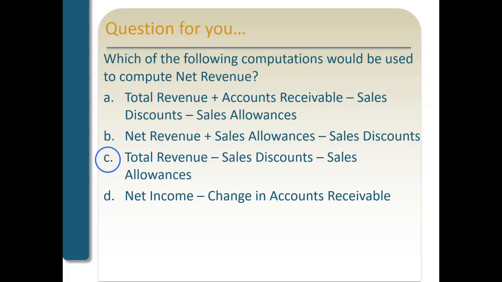The revenue is the sale providing a good and service, minus whatever sales discounts and sales allowances are involved. The accounts receivable shows what we are expected to receive because of selling products or goods. Okay?